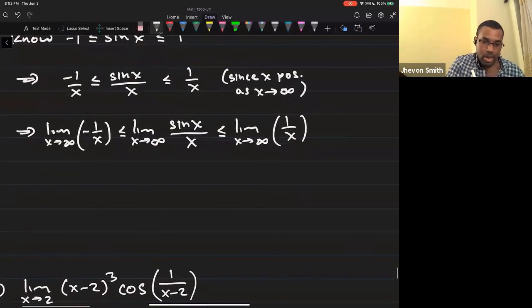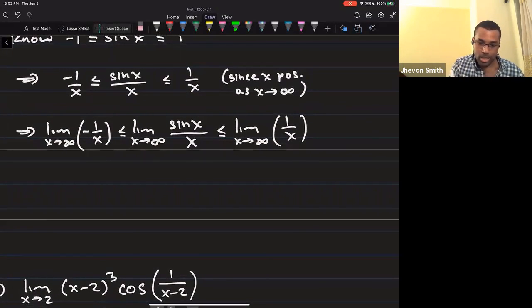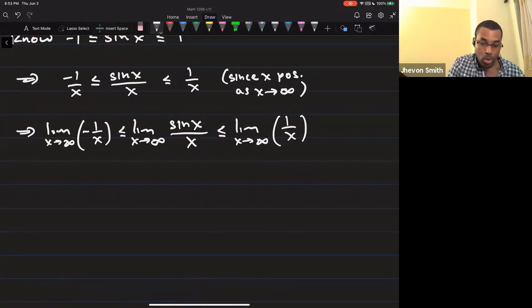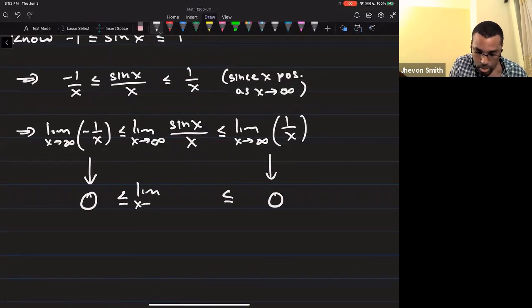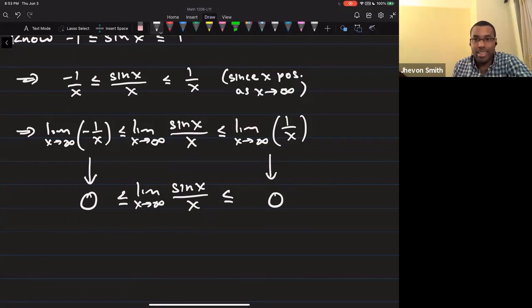And now the magic happens, right? Of course, based on what we know, this is 0. And this is also 0. So we have that the limit of sine x over x as x approaches infinity is greater than or equal to 0 and less than or equal to 0. So what is it?